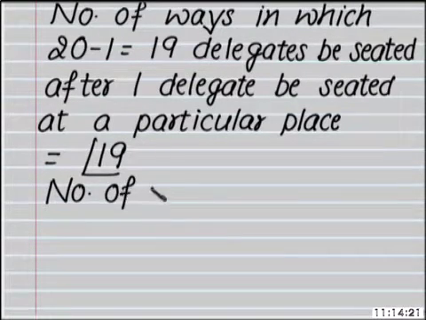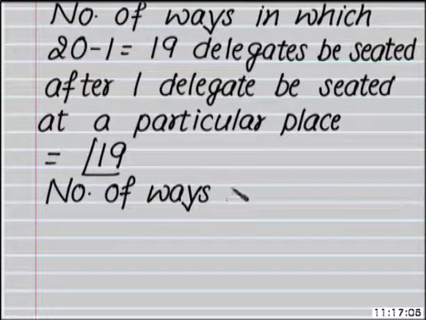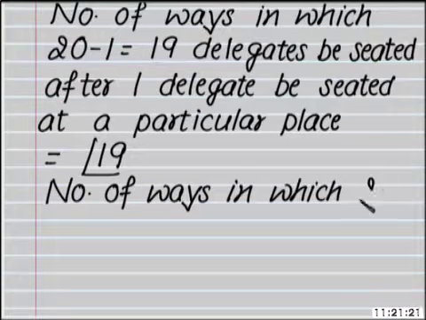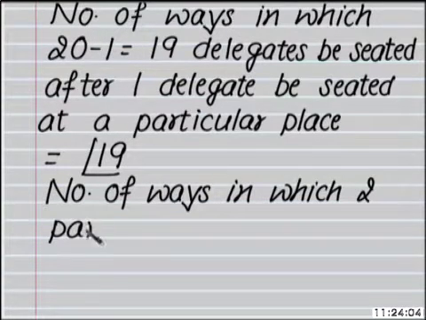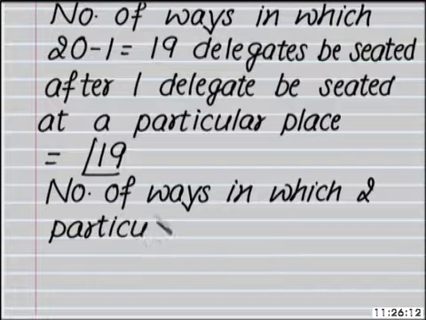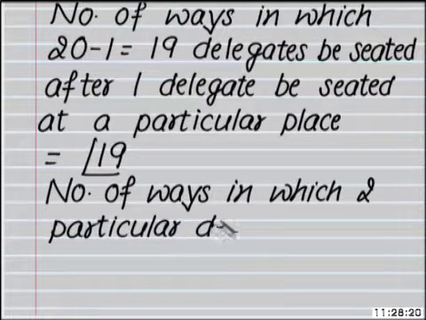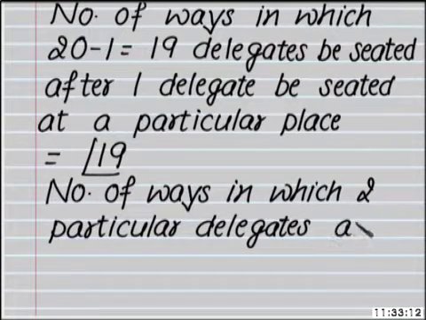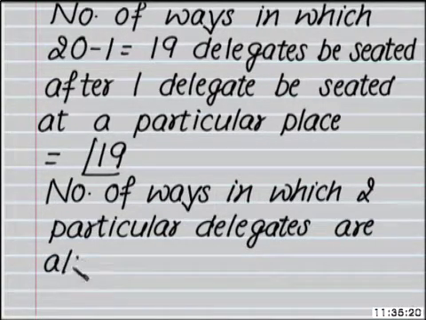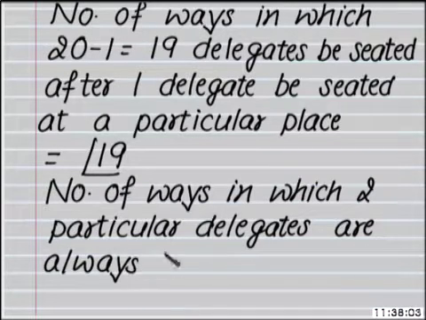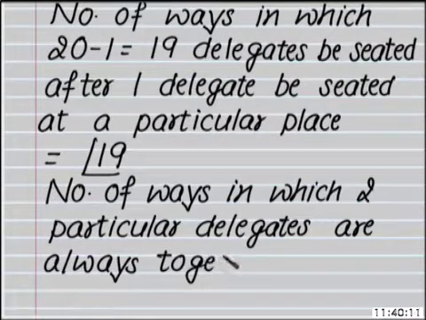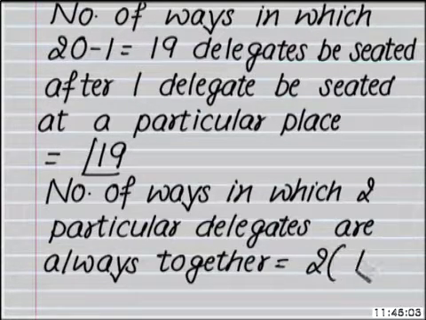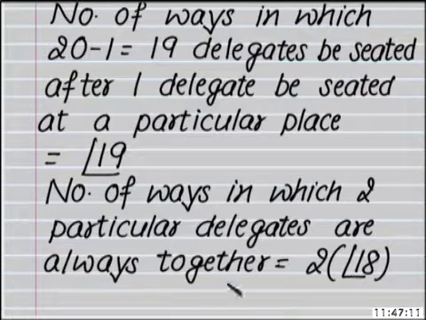And we know that the number of ways in which two particular delegates are always together is 2 into 18 factorial.